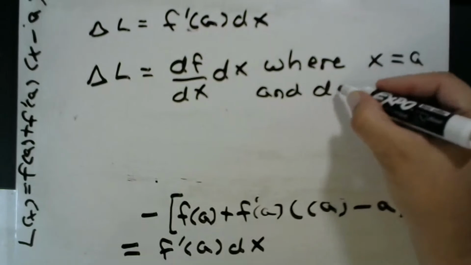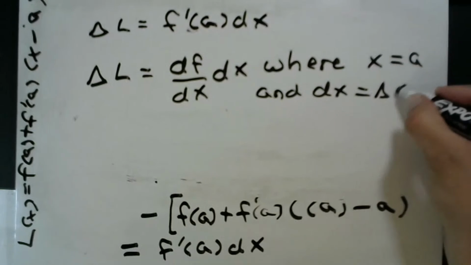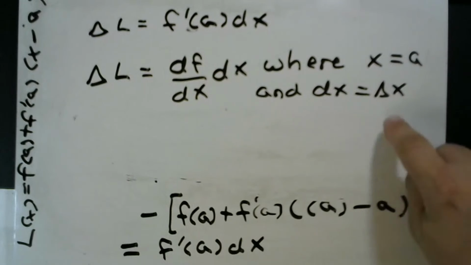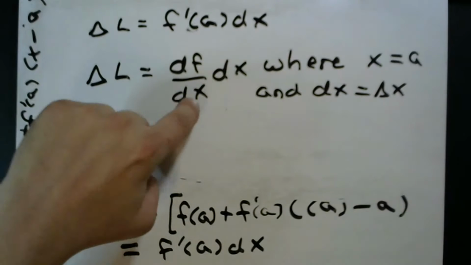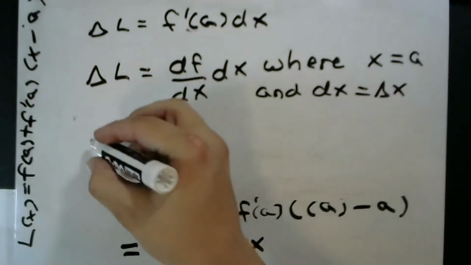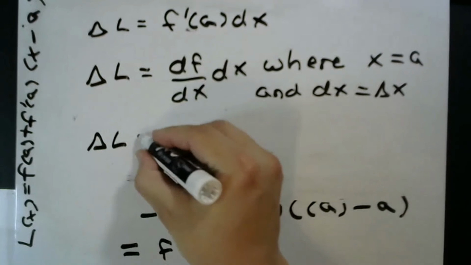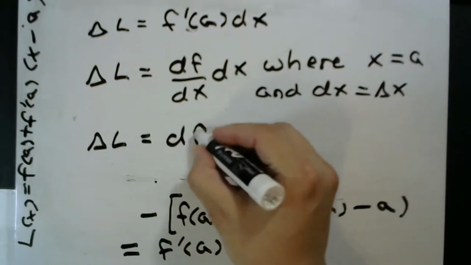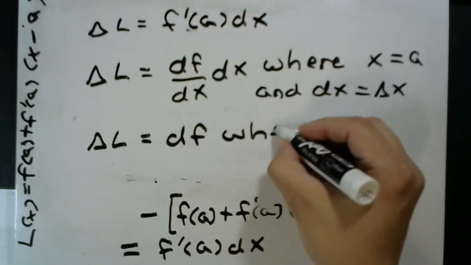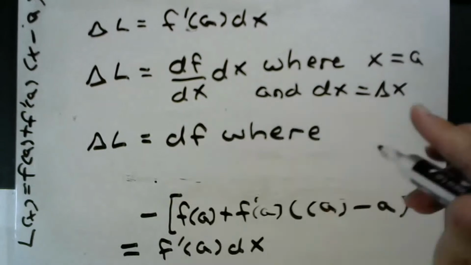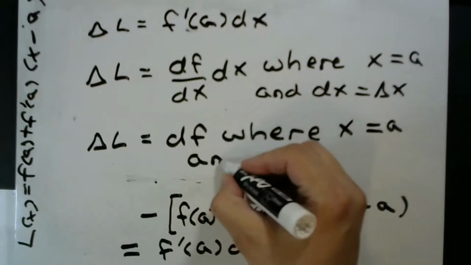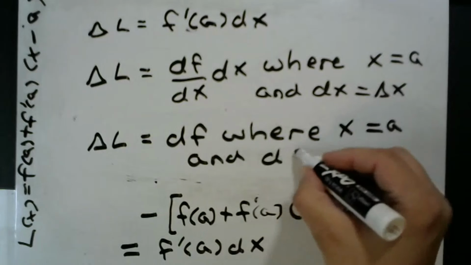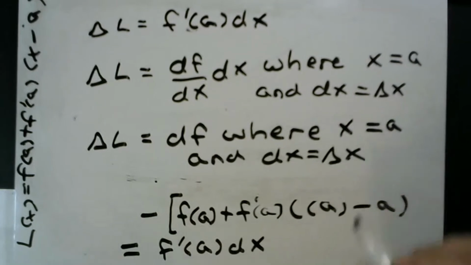And again, letting dx be the same as delta x, the difference between those x1 and x2 points, these are going to cancel. We'll get delta L is equal to df, where if you evaluate this at x equals a, and again, we have our dx is delta x.